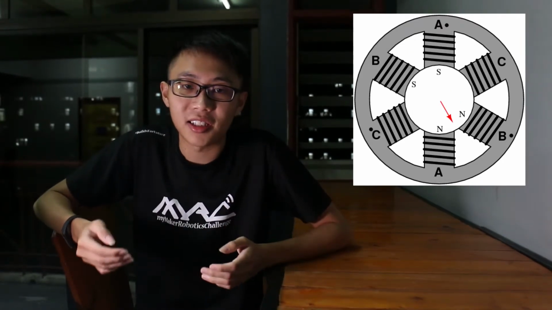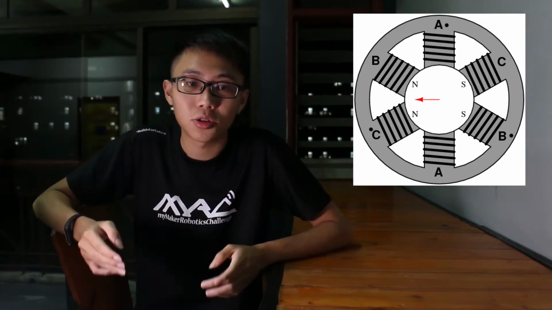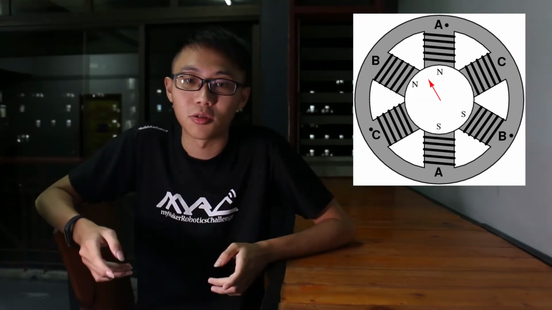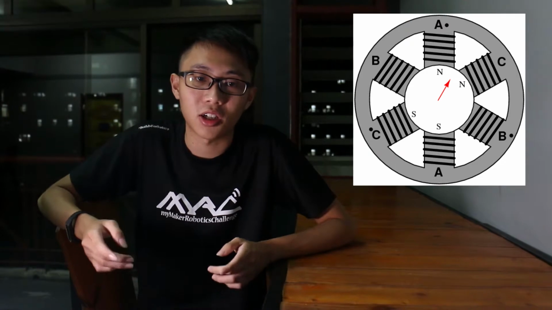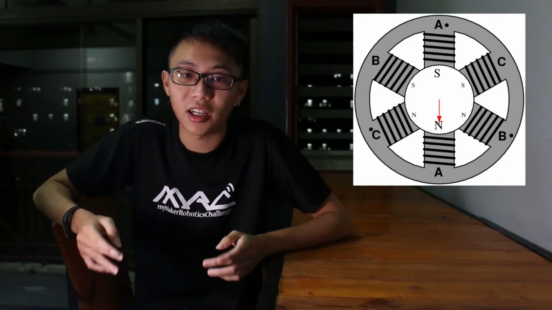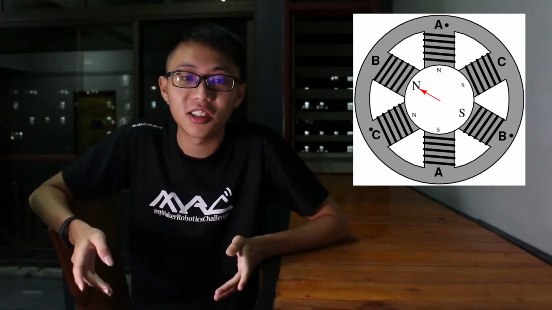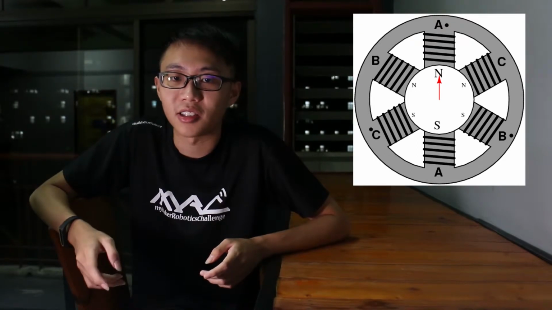Let's imagine that the AC motor started at rest. Then we supply AC current into the motor. The rotating magnetic field lines will cut through the conductors in the rotor, which induces a magnetic field in the rotor according to Faraday's law. This causes the rotor to rotate along as if it was chasing the rotating magnetic field in the stator.